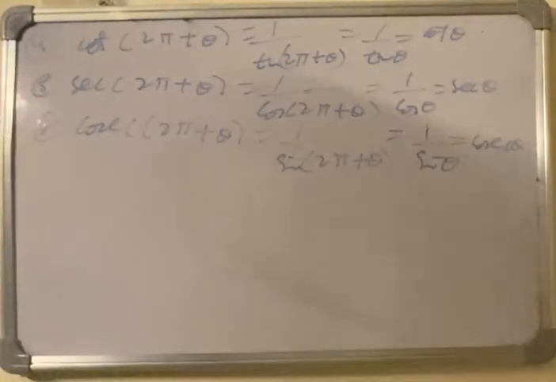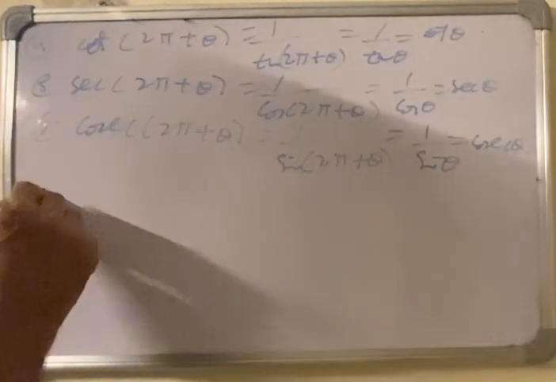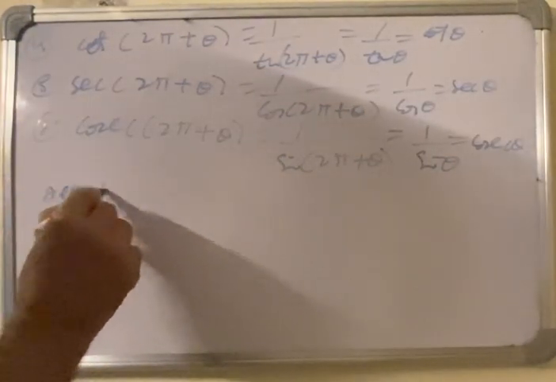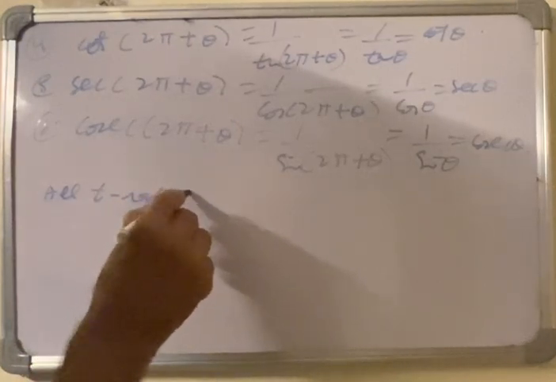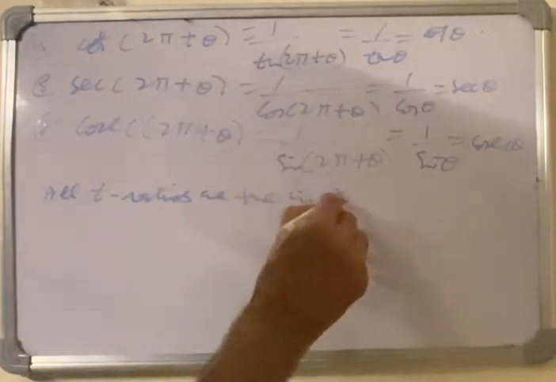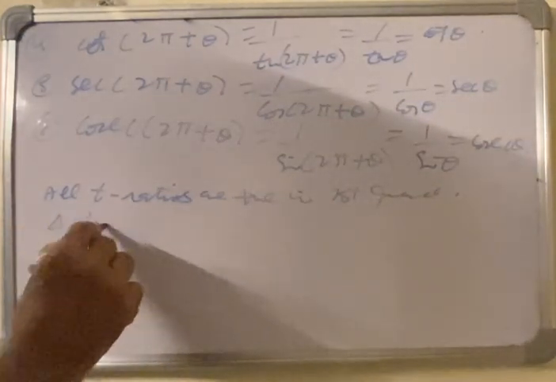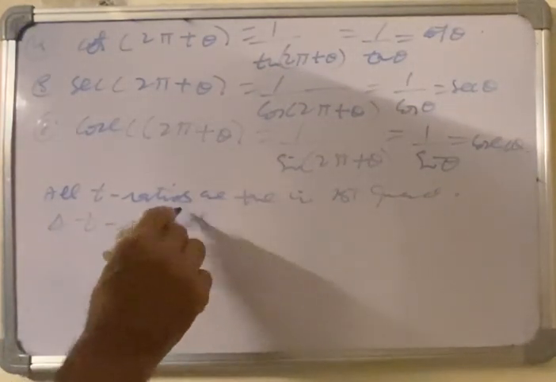We have seen that all trigonometric ratios are positive for this angle 2 pi plus theta in first quadrant, and trigonometric ratios do not change.